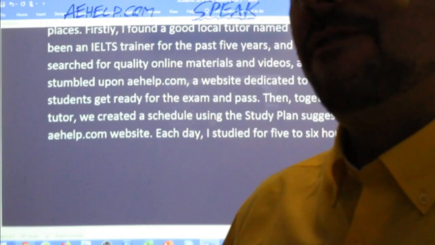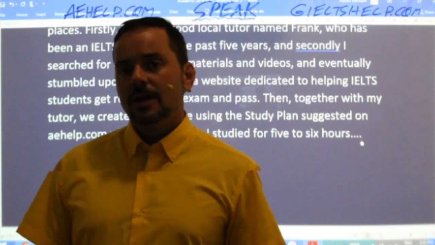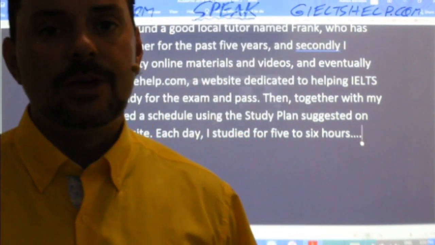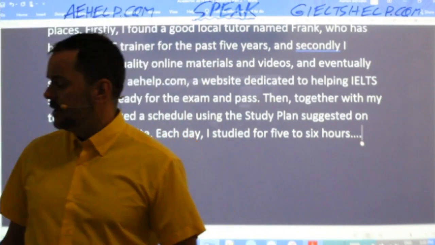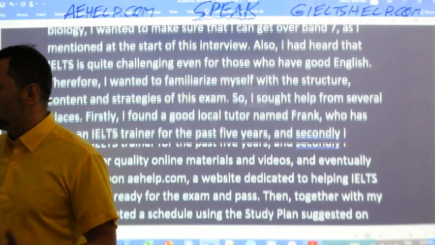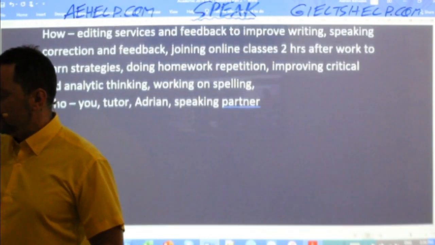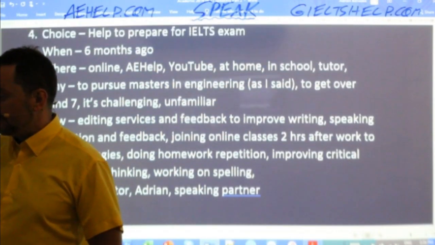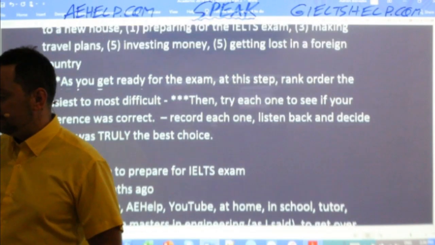I got feedback on my speaking from my tutor, and I got feedback on my writing mistakes from the professionals at aehelp.com. In the end, I feel that I have greatly improved my English skills, not only my grammar, but also I broadened my vocabulary.